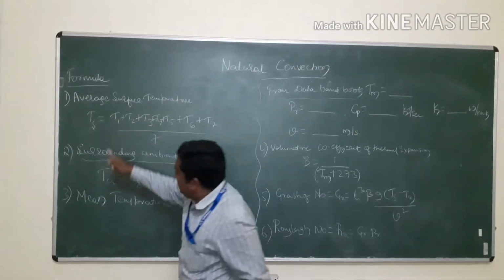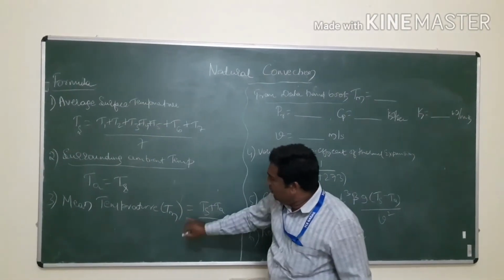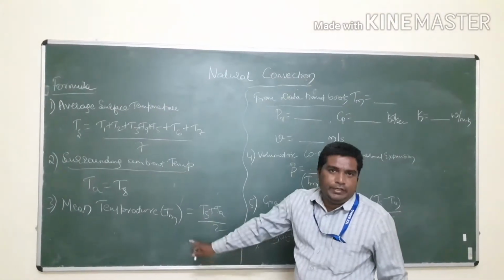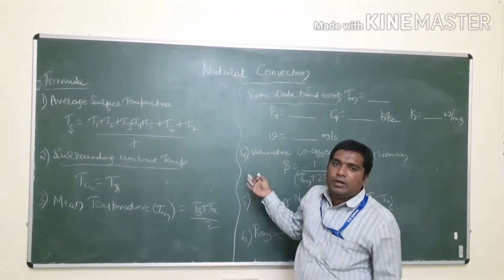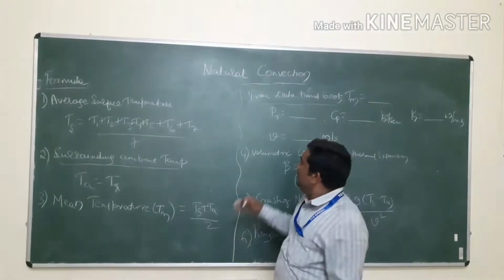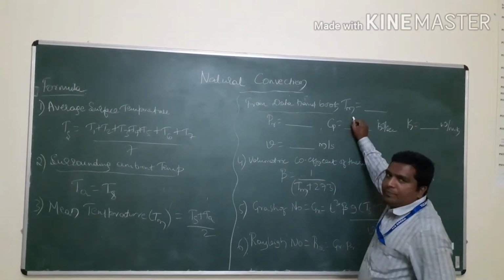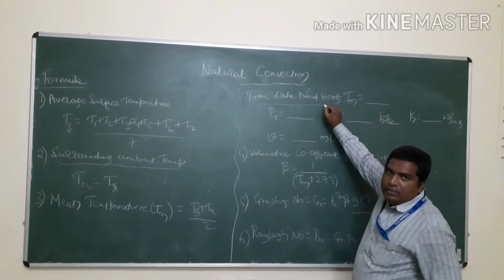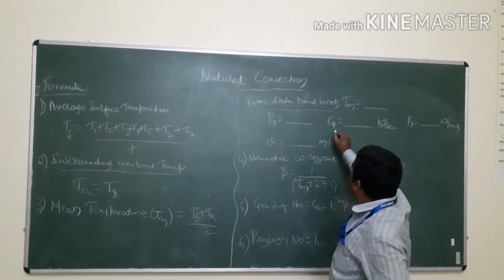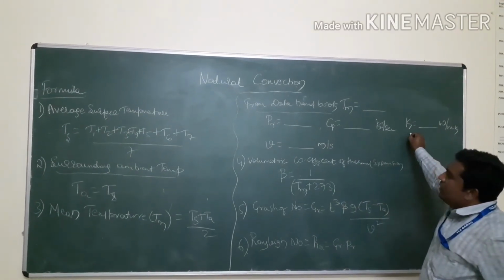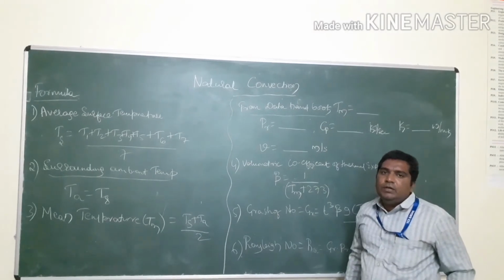By taking Ts and Ta, you can determine the value of Tm, which is further used to find the Nusselt number, Prandtl number, and Rayleigh number. From the obtained value of Tm, we refer to the heat transfer data book, and find the Prandtl number, Cp value, thermal conductivity value, and kinematic viscosity value.